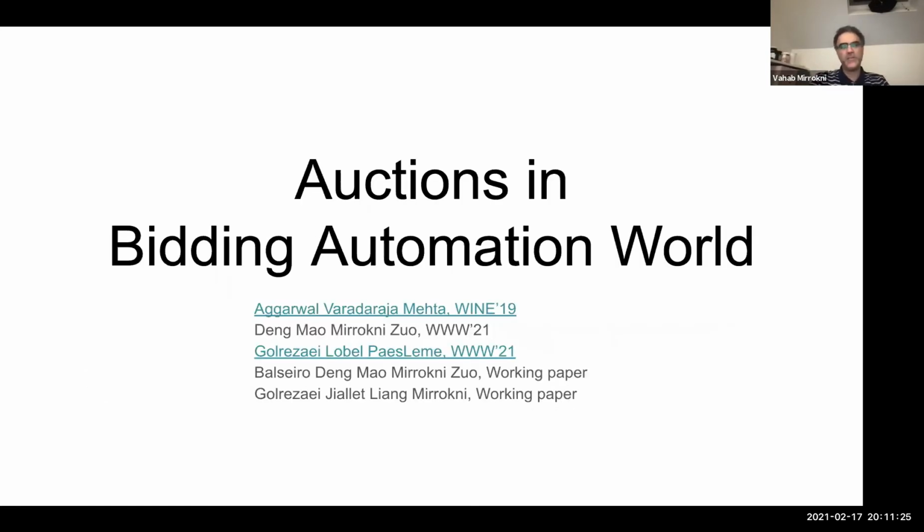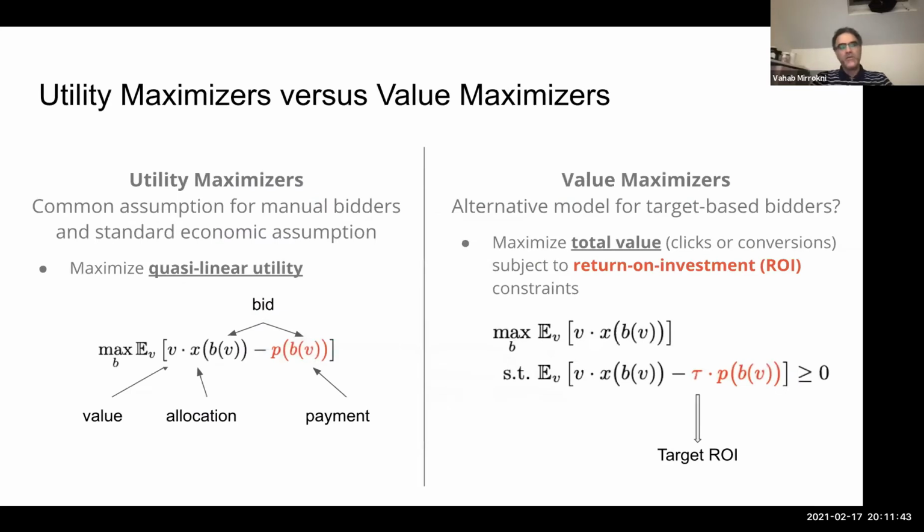So the first part is about auctions and bidding automation. And I'm going to discuss 4 or 5 papers in this topic. This is actually the most recent topic, and many of the papers here are from 21, very recent or working papers. So in order to discuss markets in an automation world, we have to understand buyers' objectives, and we have to distinguish 2 utility models for advertisers or for buyers here.